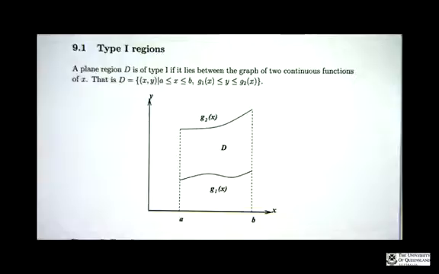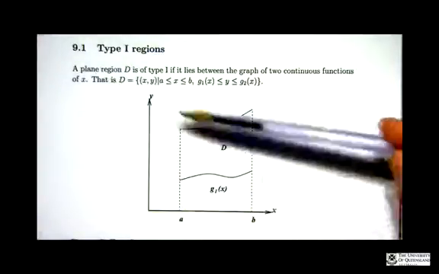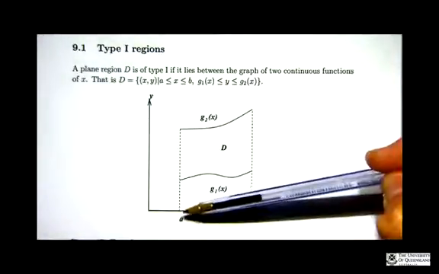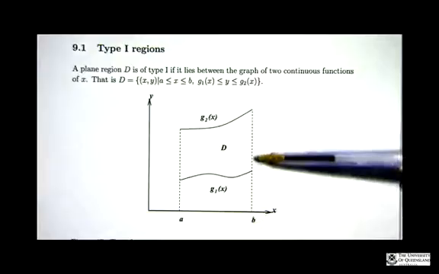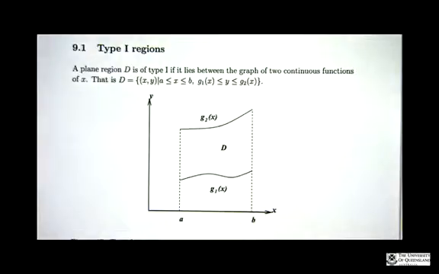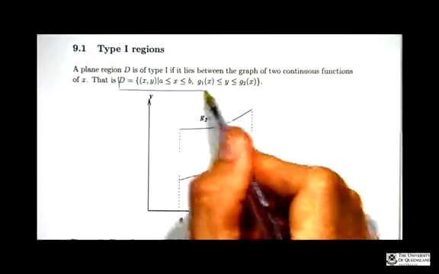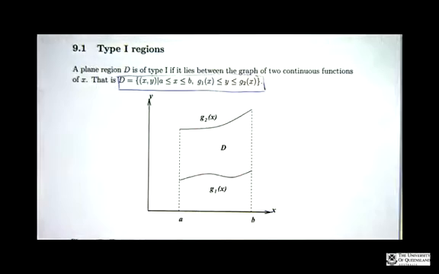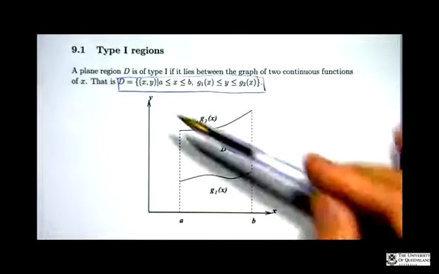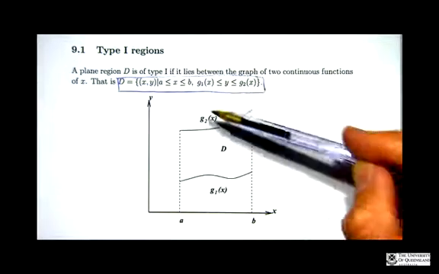So that's between these two vertical dashed lines, with equations x equals a and x equals b, and place it between these two graphs of the continuous functions g1 of x and g2 of x. Right? So the key thing here is that we can represent the region using this set notation that I'm so fond of. We can represent a type 1 region always in this way.